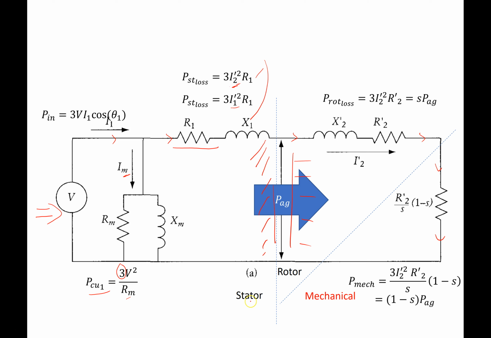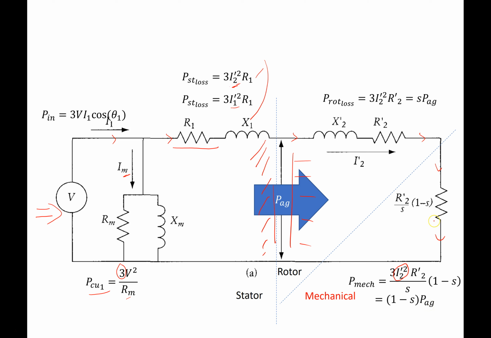So this is stator electrical, rotor electrical, and mechanical, right? So the mechanical power is I squared R again, which is I2 squared multiplied by R2 on S multiplied by 1 minus S, which is 1 minus S multiplied by the air gap power.